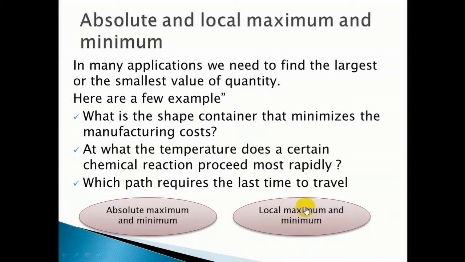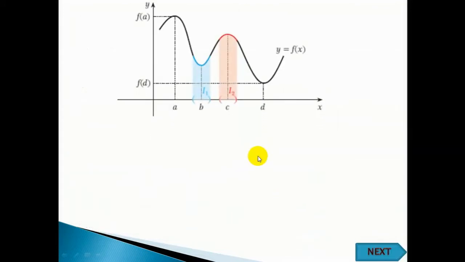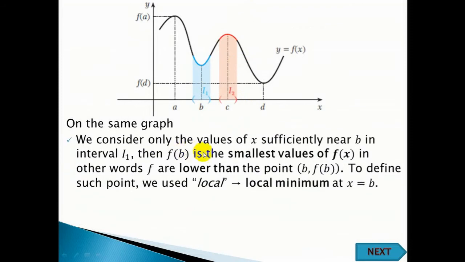Now we talk about local maximum and minimum. For local minimum and maximum, we can use the same graph as the previous one. On the same graph here, we consider only values of x sufficiently near b in the interval e1, then f(b) is the smallest value of f(x).